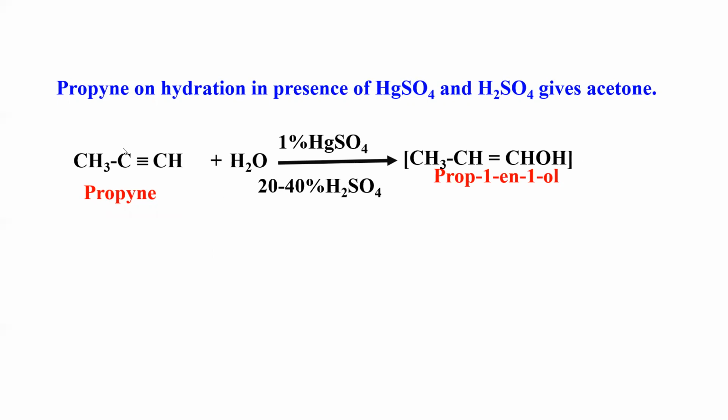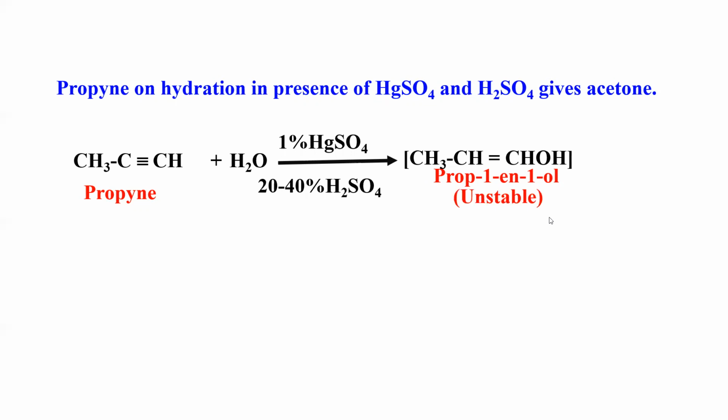H will attack the other carbon to become CH, and the triple bond is converted to a double bond. So this CH3CH=CHOH is called prop-1-en-1-ol.